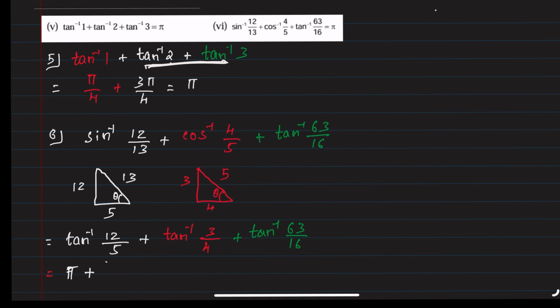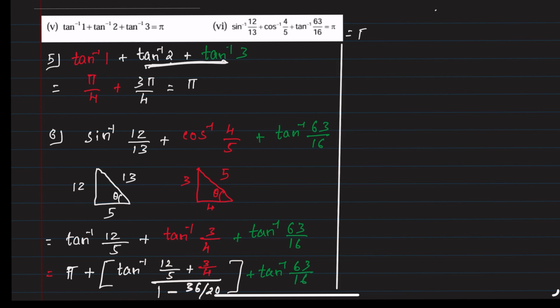Pi plus tan inverse of 12 by 5 plus 3 by 4 upon 1 minus 36 upon 20. The third term would remain as it is.